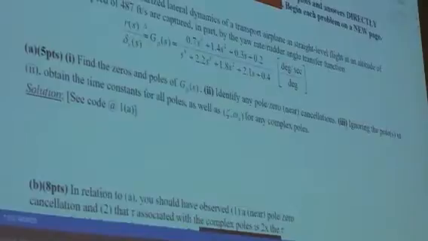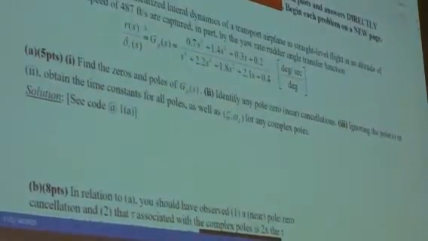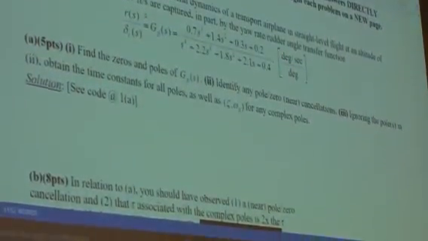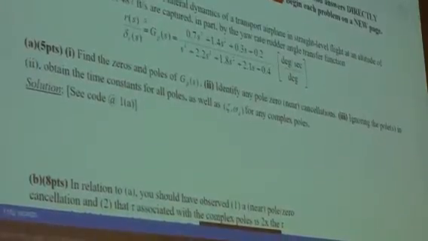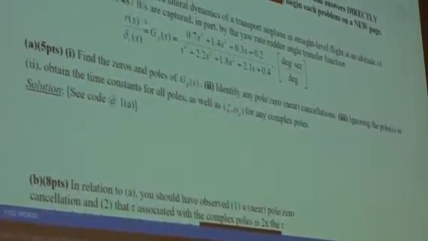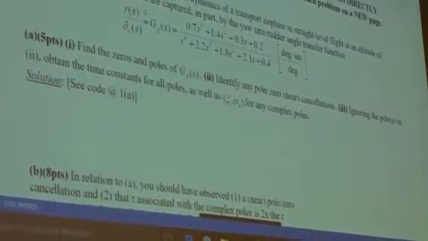Problem 1: the linearized lateral dynamics of a transport airplane in straight level flight, altitude of 10,000 feet, 480 feet per second, are captured in part by the yaw rate rudder angle transfer function. It's a yaw rate rudder. What does that mean? What's yaw?